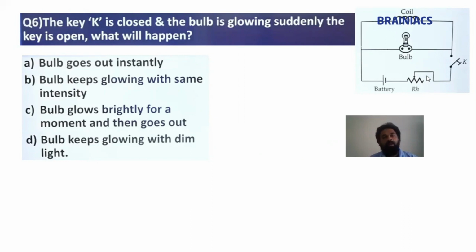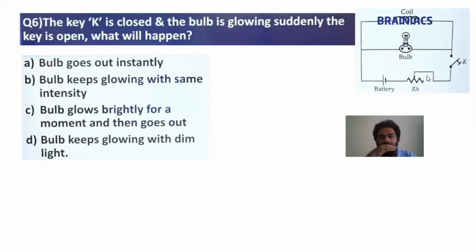So you can think about your answer. Before looking at the solution, just have your answer itself. Okay, what will happen? Answer is bulb goes out instantly. Is that correct? This inductor will not allow that to happen, because immediately when the current becomes zero, the inductor will try to maintain that current.